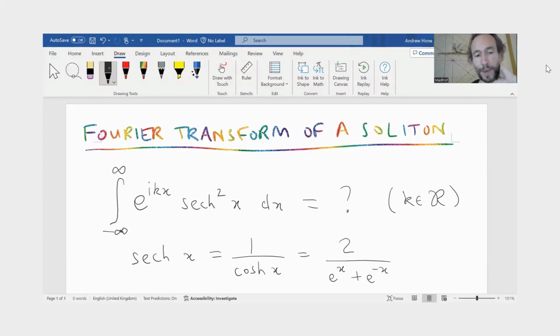And then if you know about Fourier transforms, then essentially this is the Fourier transform of the function sech-squared.